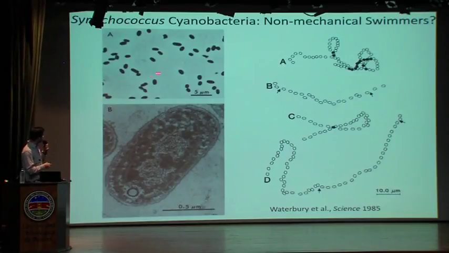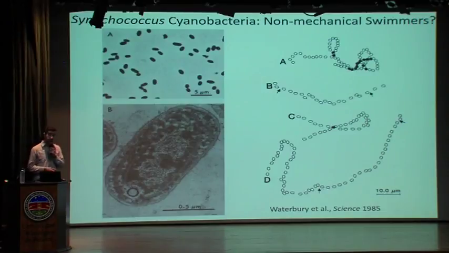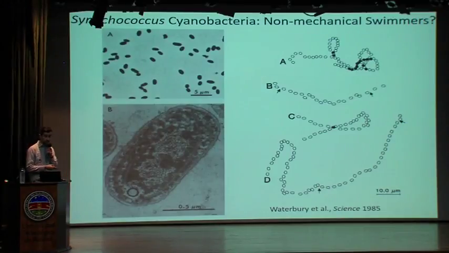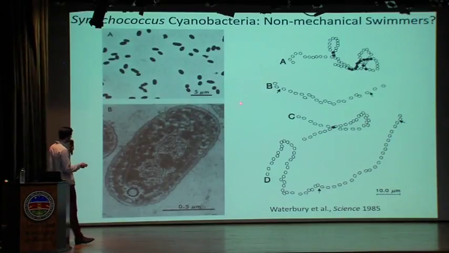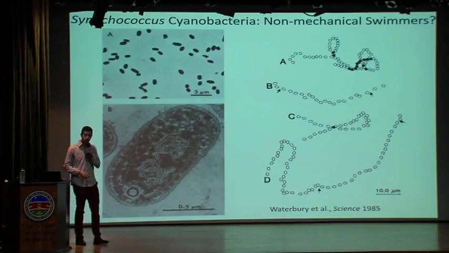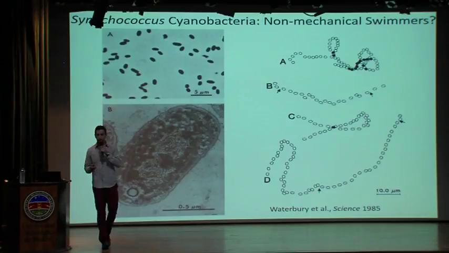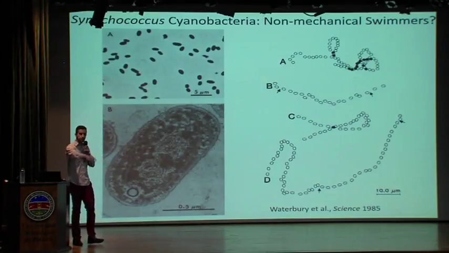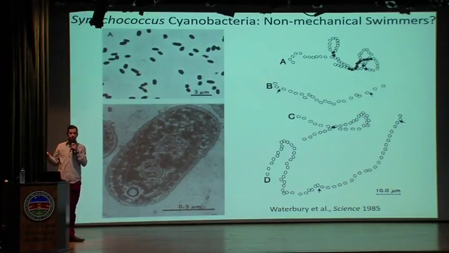Now, so coming back to biology, in 1985, these people discovered Synechococcus, which is a bacterium that's found in the ocean. And these bacteria can swim, but you'll notice they don't have any flagella. They don't have any kind of appendages that they could wave. So the question is, how do they swim?